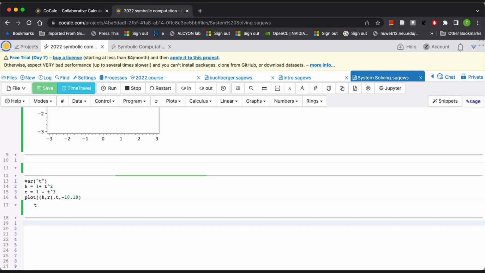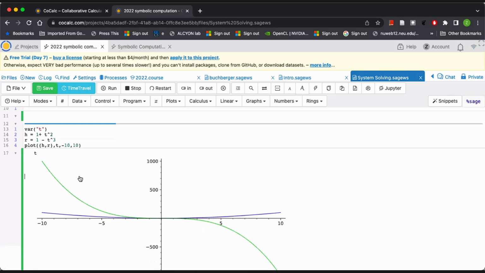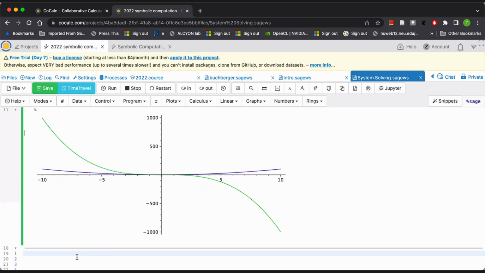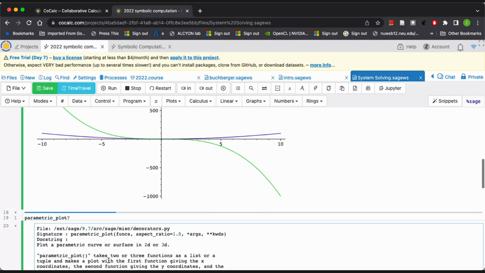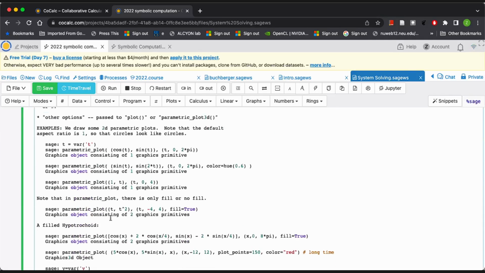Can we give both x and y? No. So now this plots two curves. But we have a parametric plot. So we can give the two coordinates, functions for the two coordinates, and then the variable and the range.